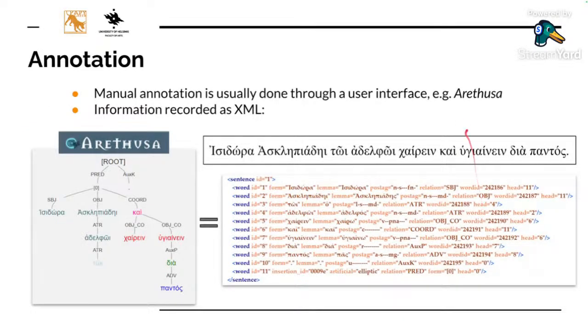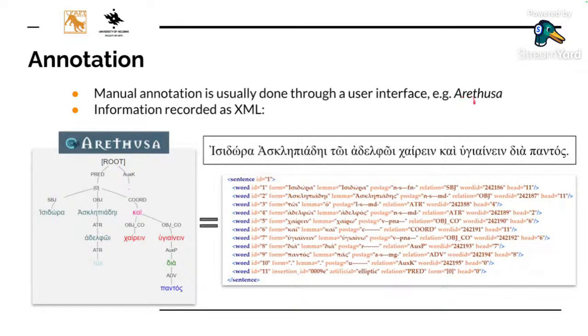So the main method of annotation that we use in PapyGreek and also in other big tree banking projects is the manual annotation, which has its perks that we'll discuss a little bit later on in my presentation. It's usually done through a user interface.